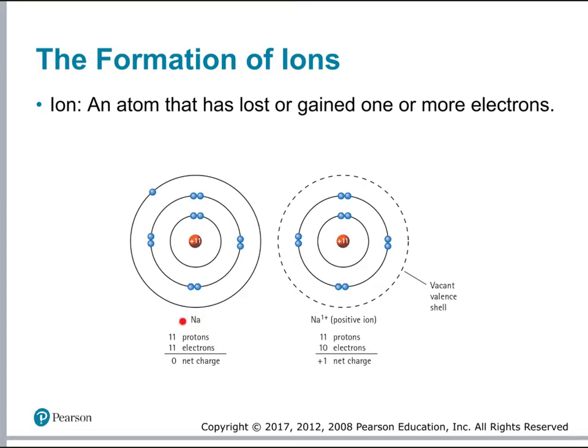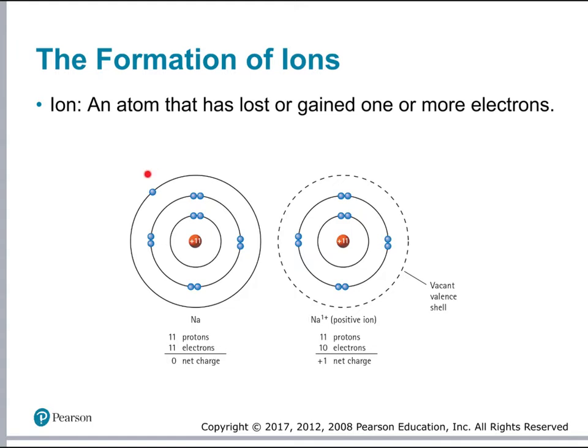So here we have sodium as a normal atom, and so you can see it's got its nucleus with a positive 11 charge because there are 11 protons in there. And then there's the 2 electrons paired up in the innermost shell. We have 8 electrons in the second shell, so that shell is completely full. And then we have this one extra guy here in the third shell, that one extra electron.